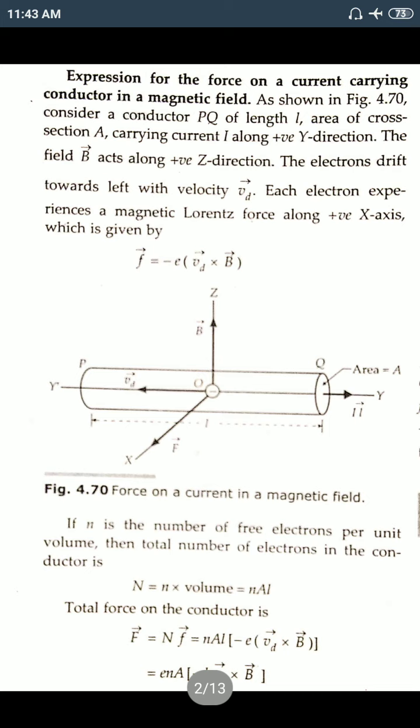So the total number of electrons inside the conductor of length L is N equals small n into its volume, n into A into L.